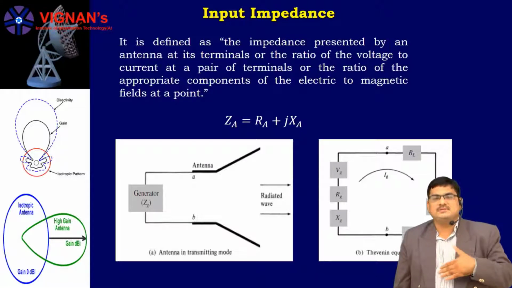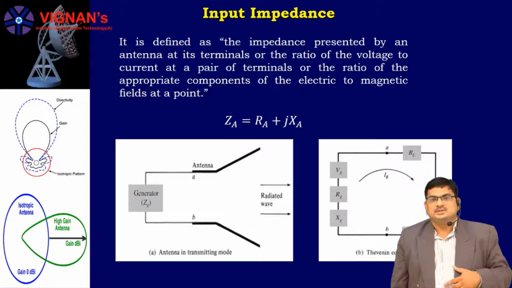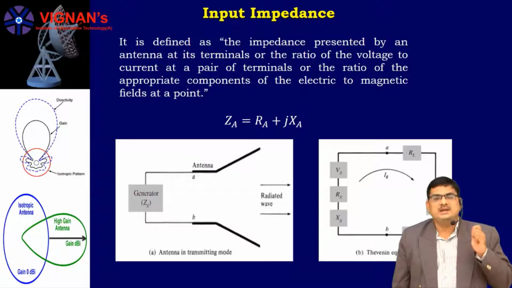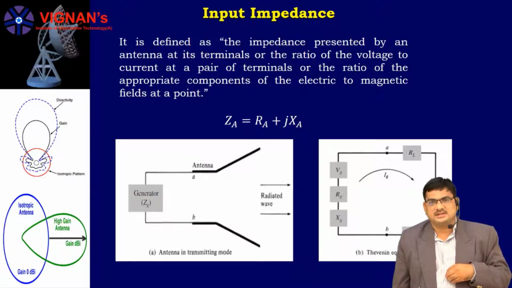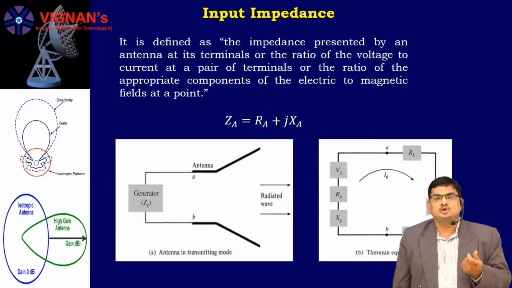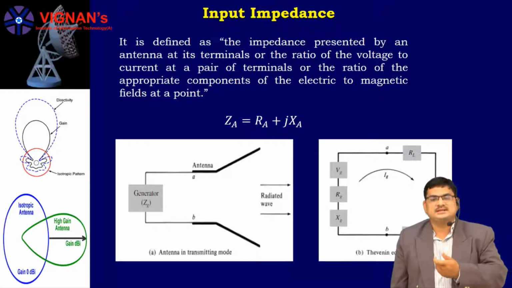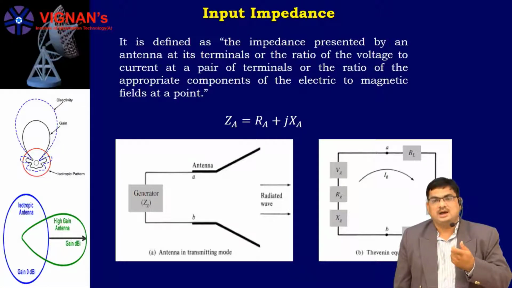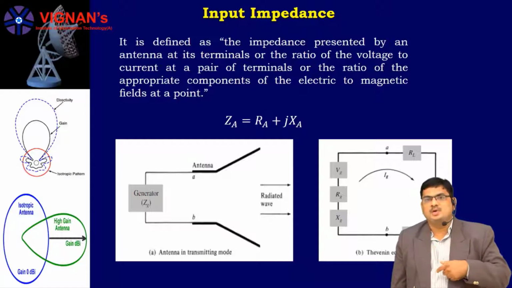And at the receiver side, that means at the antenna side, there are two resistances. One is the radiation resistance and the second one is the loss resistance. So ZA equals RA plus jXA, that is the impedance at the antenna side. That resistance equals R radiated plus R loss, plus j into XA.